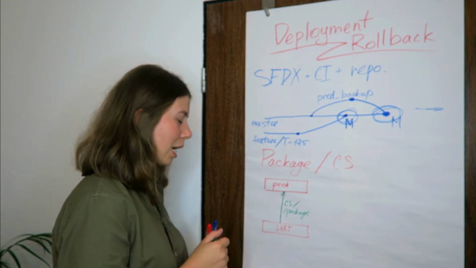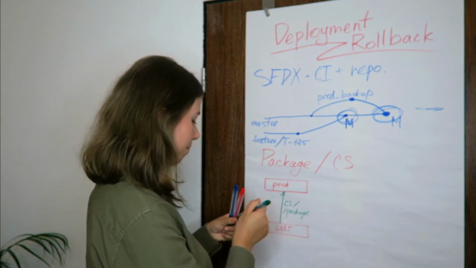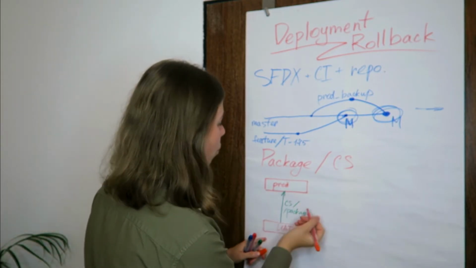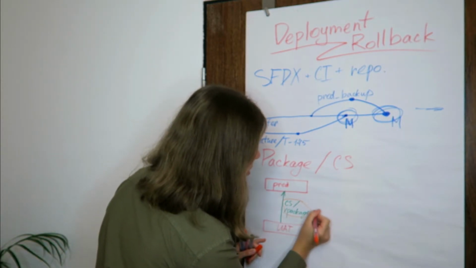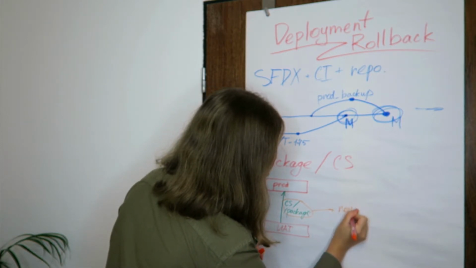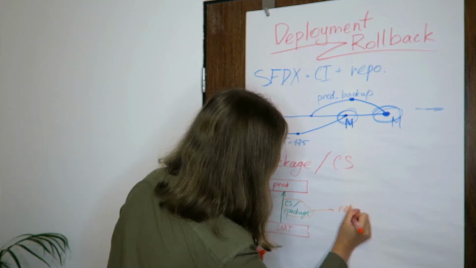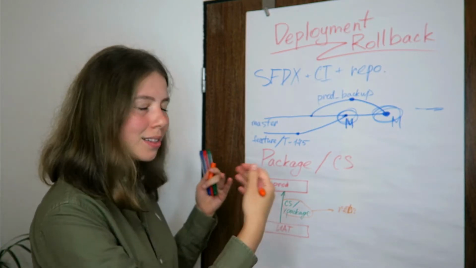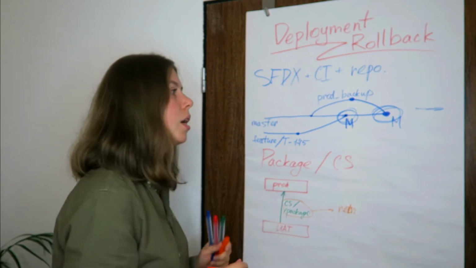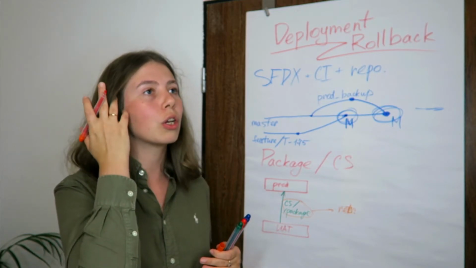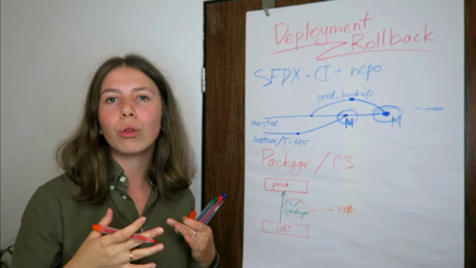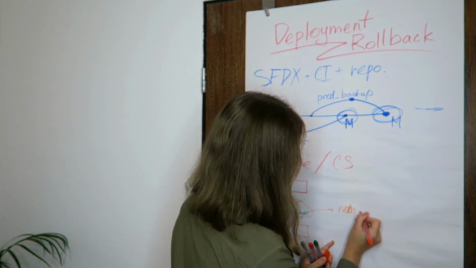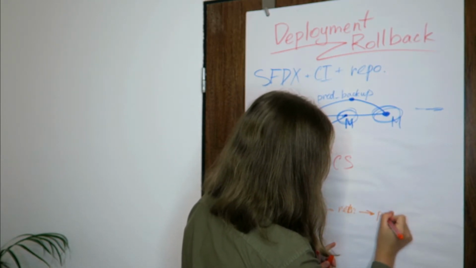For doing backup, what I would do is retrieve this stuff via Workbench, as I showed you in the previous video, and unzip it. In this unzipped folder, you will have package.xml containing the list of your metadata.